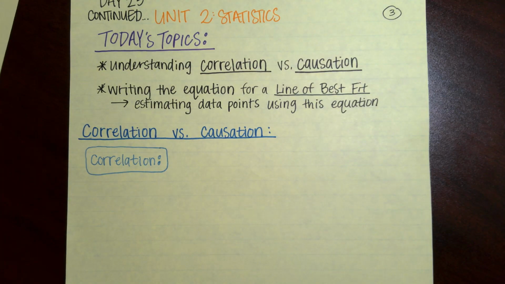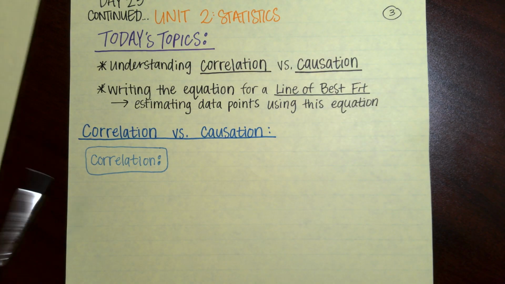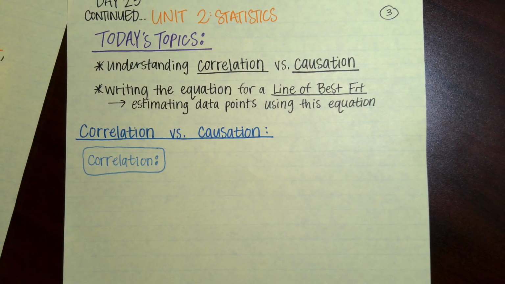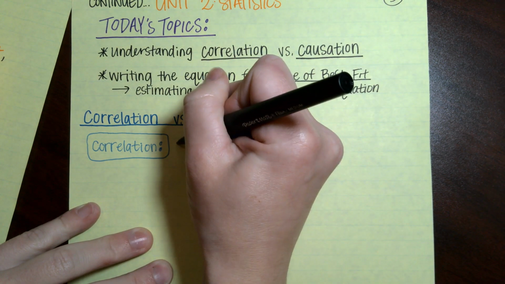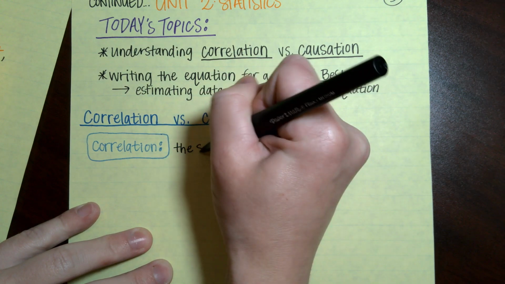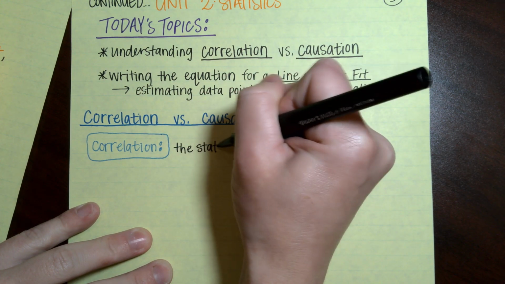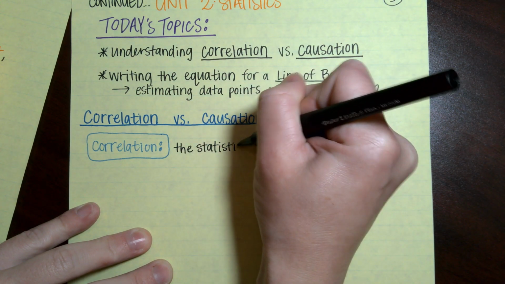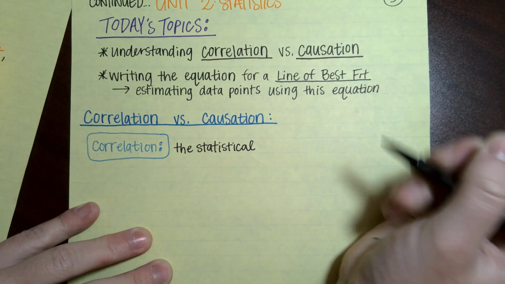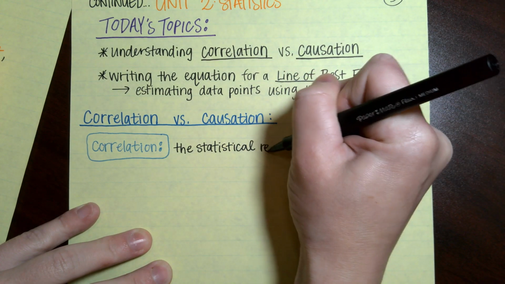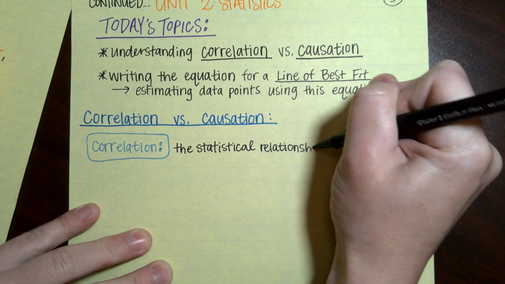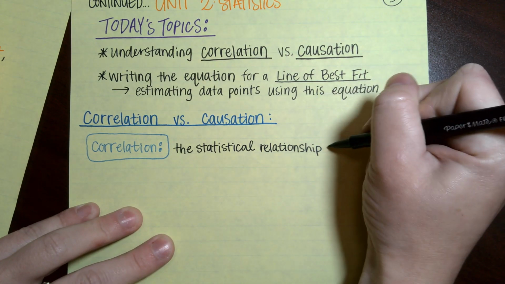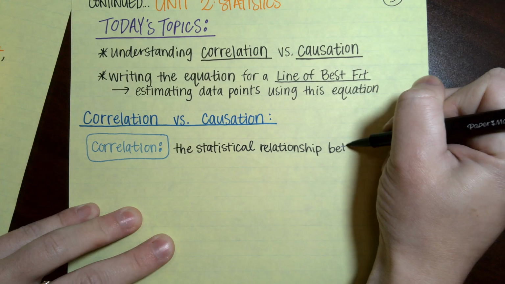Now, there's two different types of correlation, and before we go into that, I'm going to write out a little definition for you in case you want to reference it later. So, correlation is the statistical relationship between two variables.